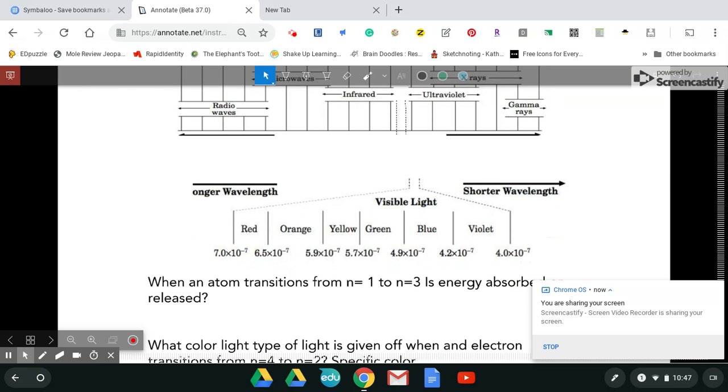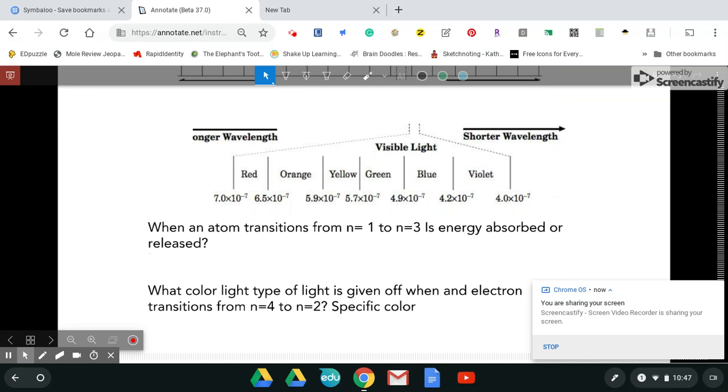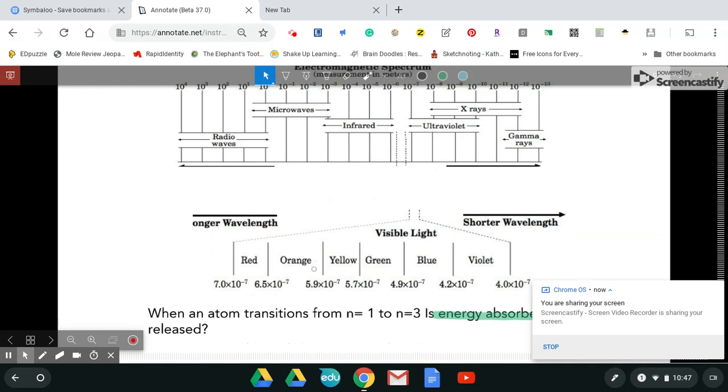It says when an electron transitions from N1 to N3, is energy absorbed or released? Well, remember, if I go up, energy is always absorbed. Now, it says what color of light is given off when an electron transitions from N4 to N2. So I'm going to go back up here.